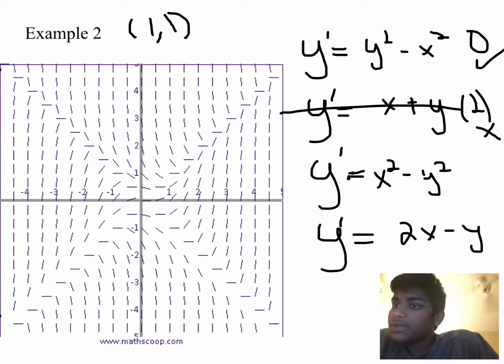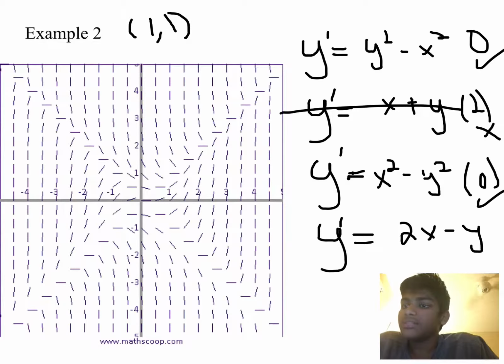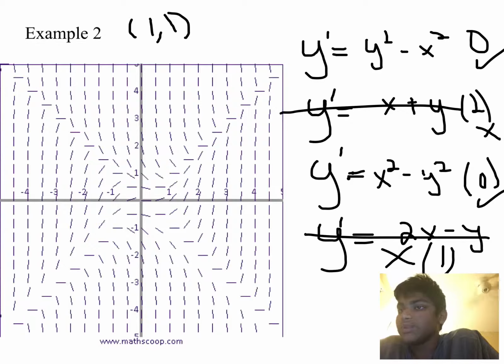Then we have the third equation, and it is 0, so we have 2 valid equations so far. And then we go on to the next one, and we have 2x minus y at point (1, 1). So we have a slope of 1. That is not matching the graph, so we can cross this one out as well.